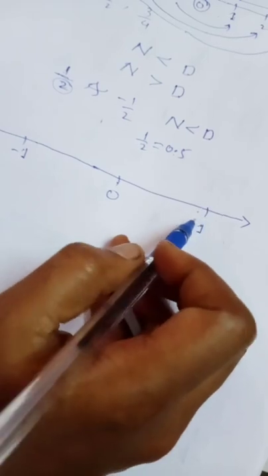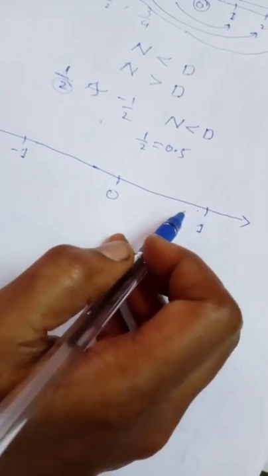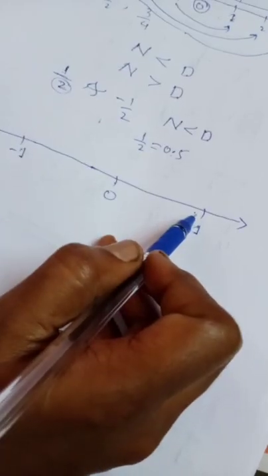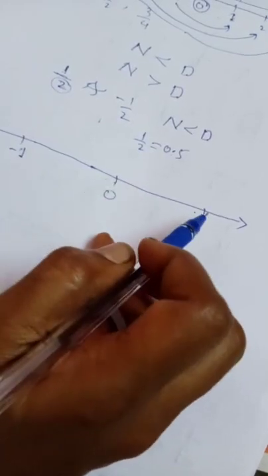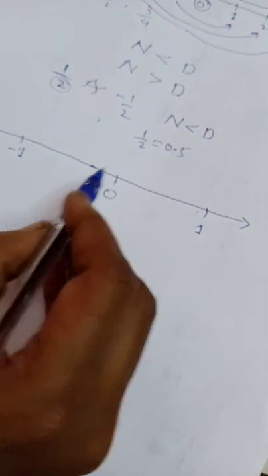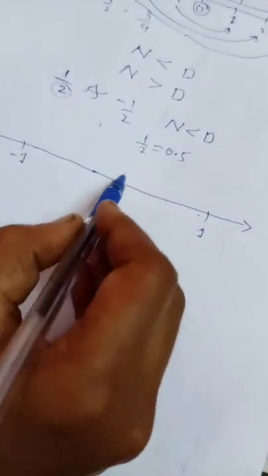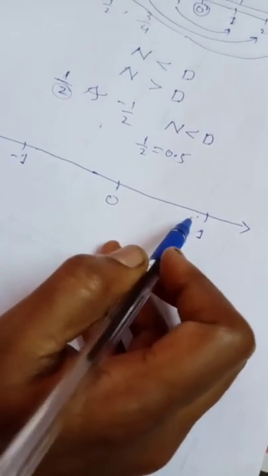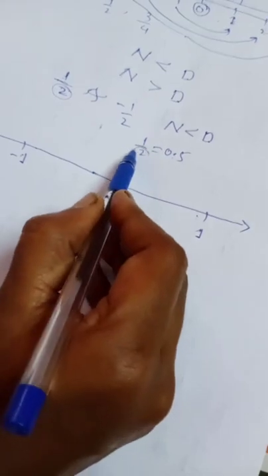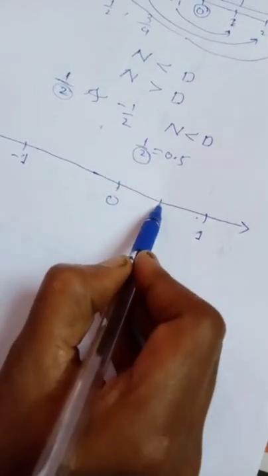How many equal parts is the question here. We divide the length between 0 and 1 into equal parts. There are two equal parts here, because the denominator is 2.